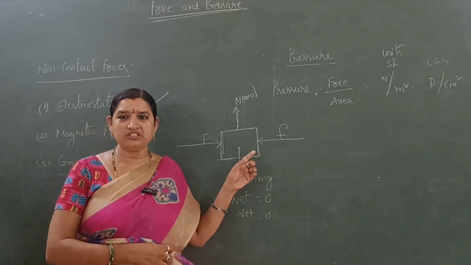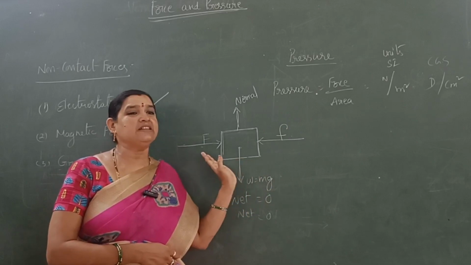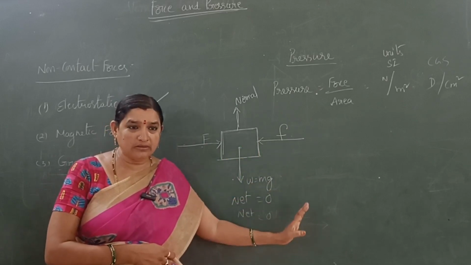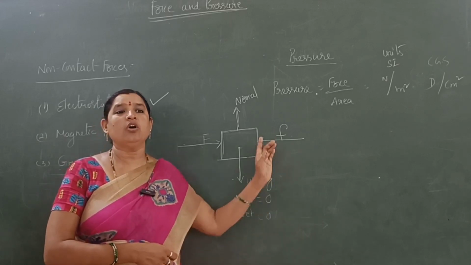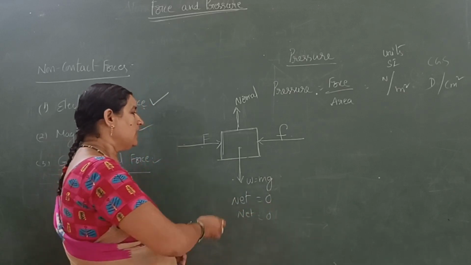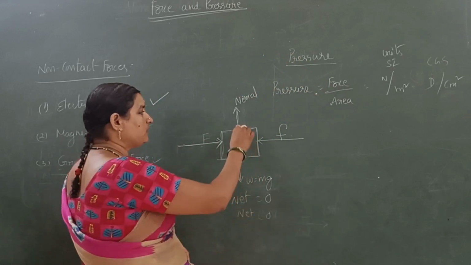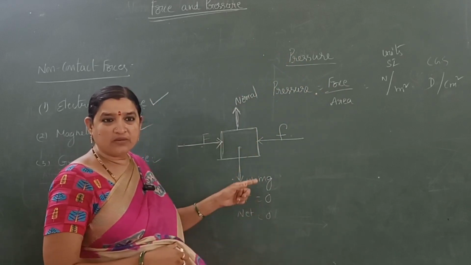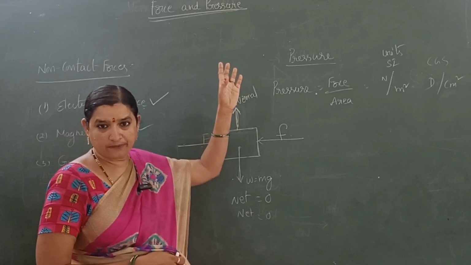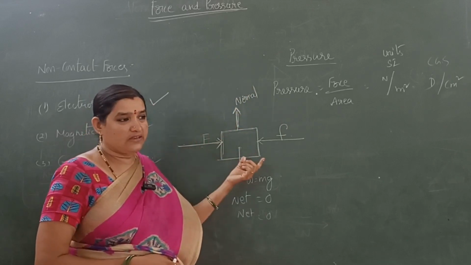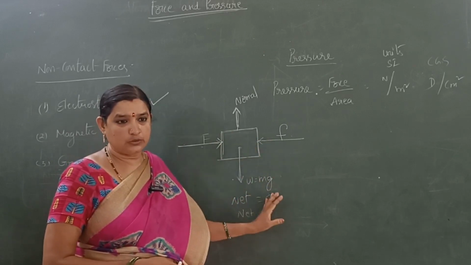If the object is at rest, all forces acting on that body compensate each other in opposite directions, so the net force is 0. Only if the net force is 0 is the object in rest position. Suppose the applied force is more, the object moves in a horizontal direction. Suppose the normal force is more, then the object moves upward, against gravitational force, away from the earth's surface. So if an object is at rest, the net force acting on that body is 0.